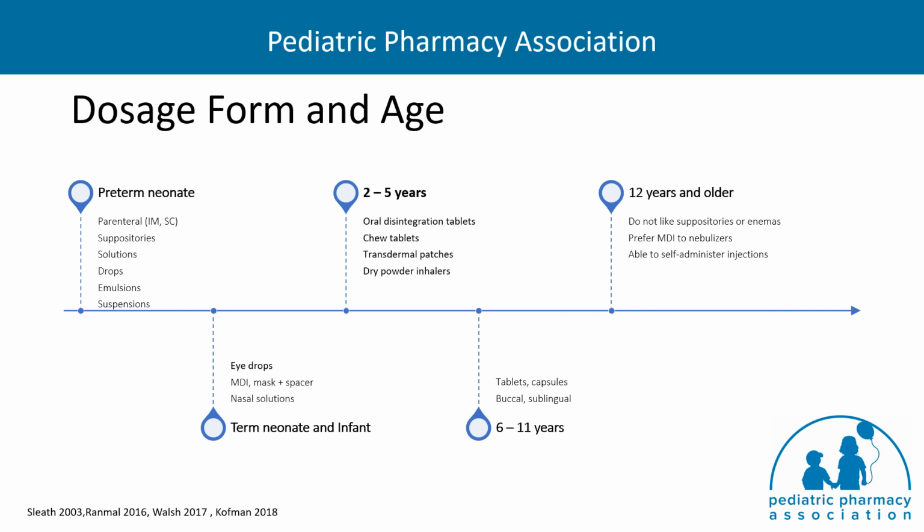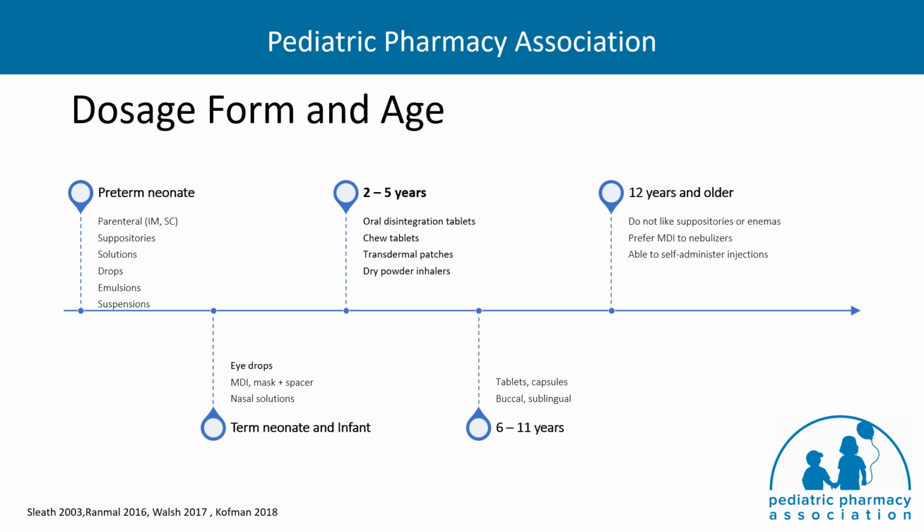When selecting dosage forms, we must also consider which dosage forms are appropriate for the patient based upon their age and physiologic development. This is an illustration of when dosage forms are developmentally acceptable for use. Preterm neonates are managed with parenteral medications and an occasional suppository to minimize the osmotic load medications have on the gastrointestinal tract.